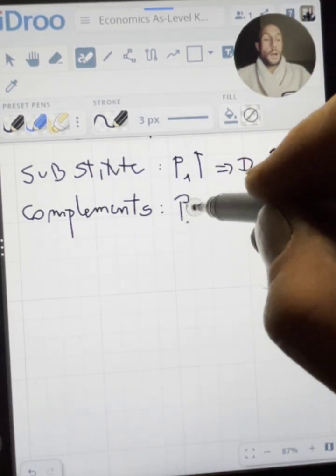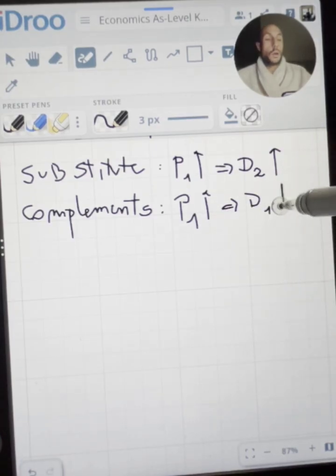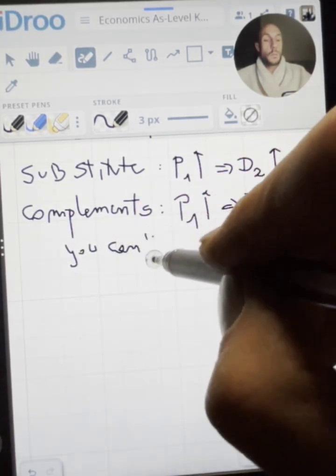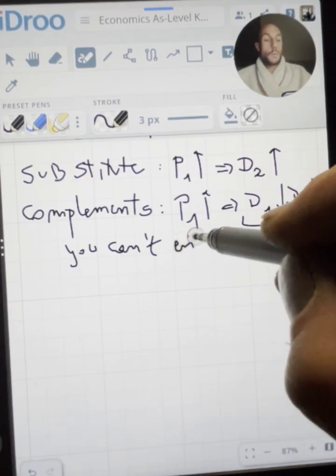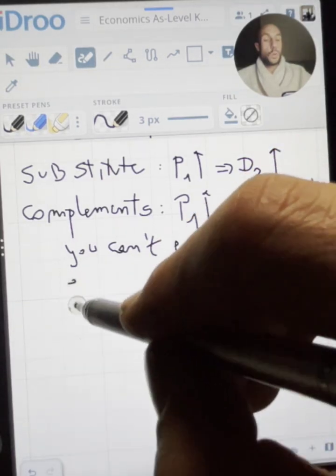So P1 goes up, then D1 goes down, D2 goes down. So you can't enjoy good 2 without good 1.